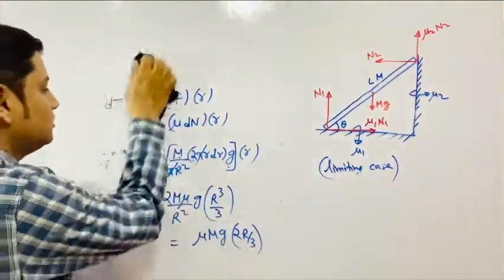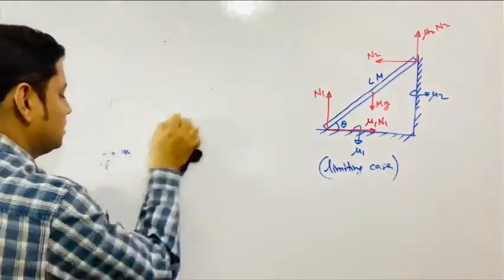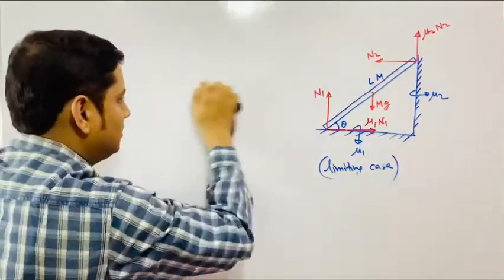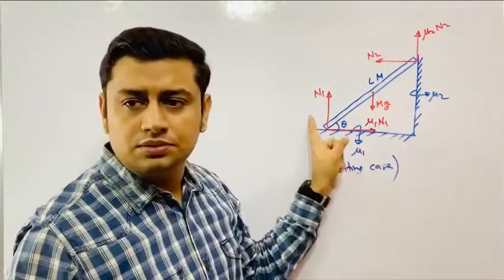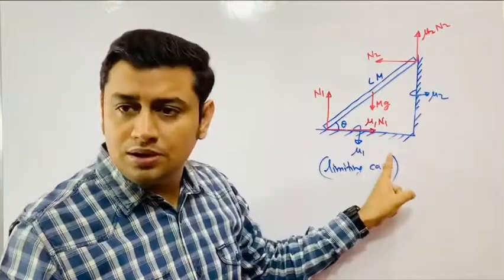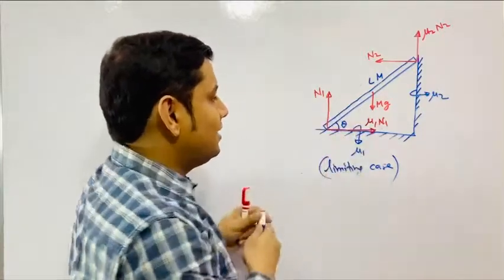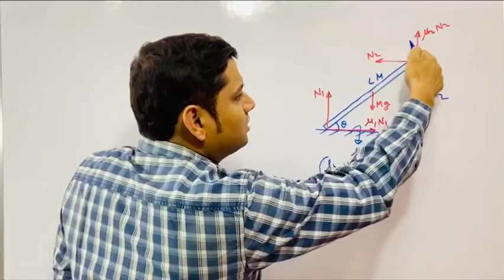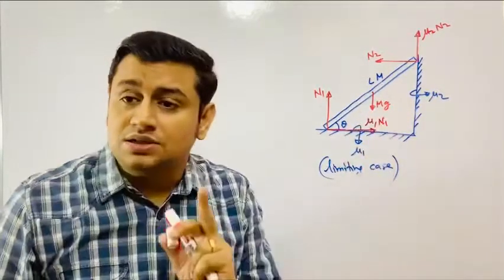Now we have to find the translational and rotational equilibrium and then solve the question. One more thing I want to tell you is that the resultant of N1 and mu1 N1, the vector sum of these two contact forces, and mg have lines of action that are concurrent.